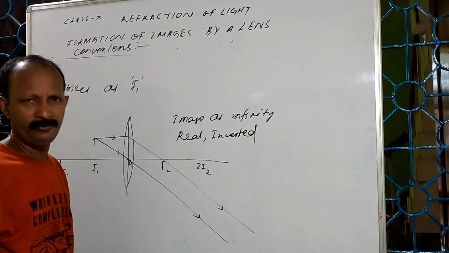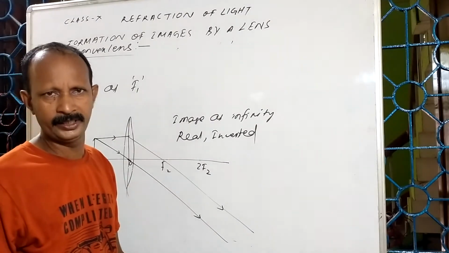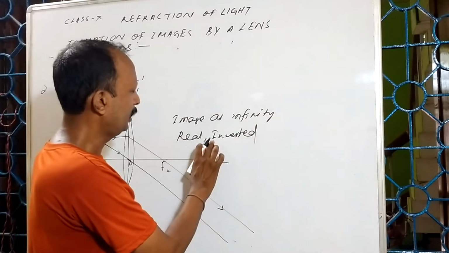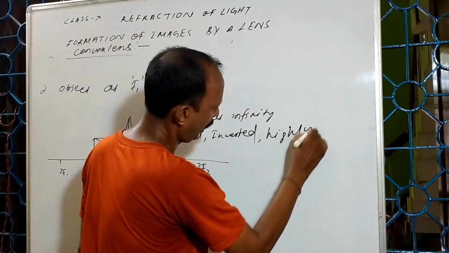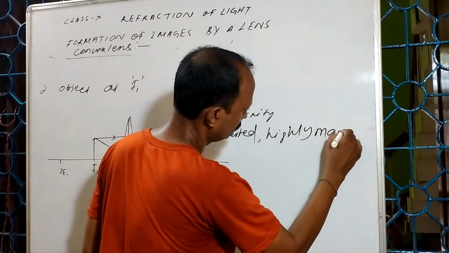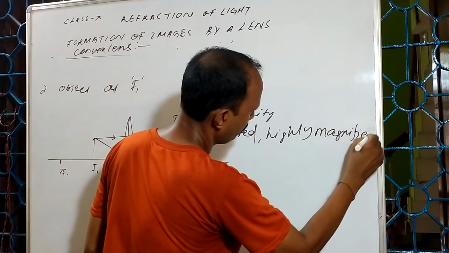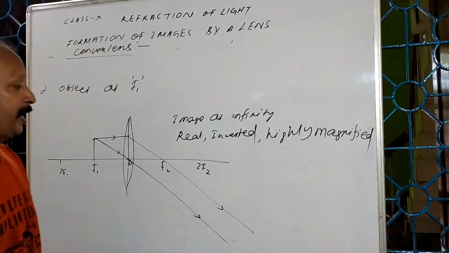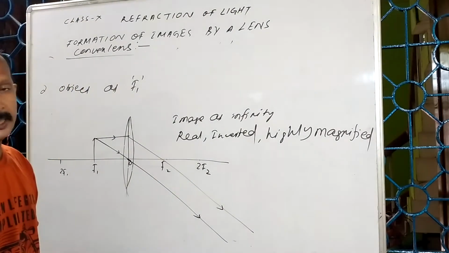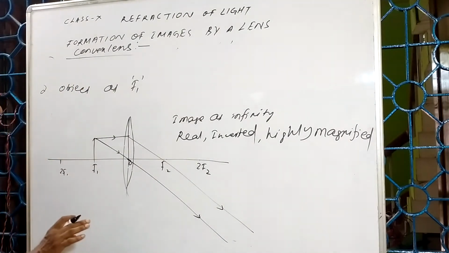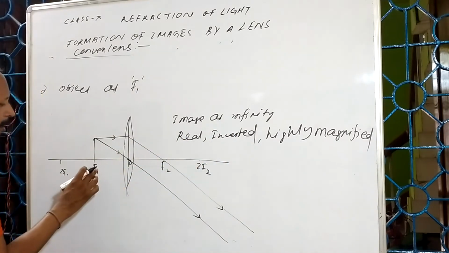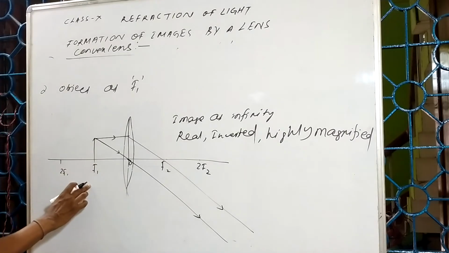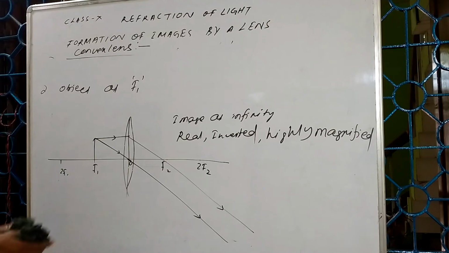Since it will meet at infinity, nobody has seen the infinity. So inverted, and I can say that it is highly magnified because it will meet at infinity. This is about the characteristics of the image formed when the object is at F1 in case of a convex lens.